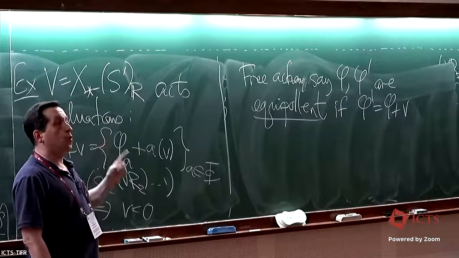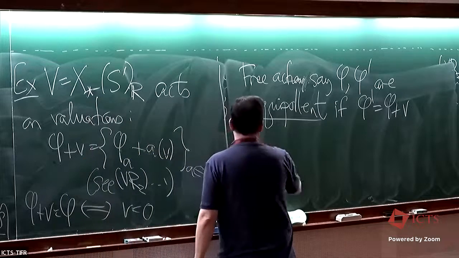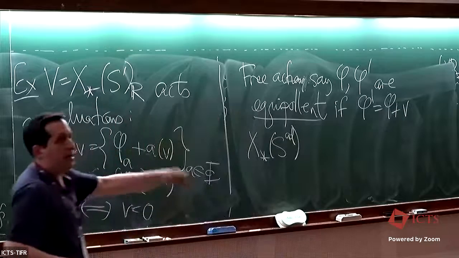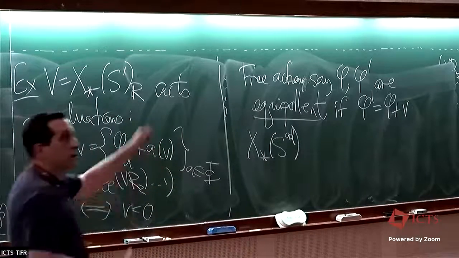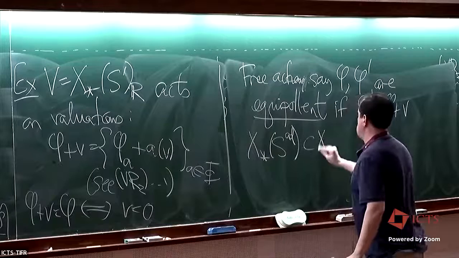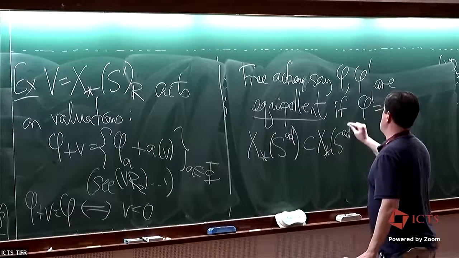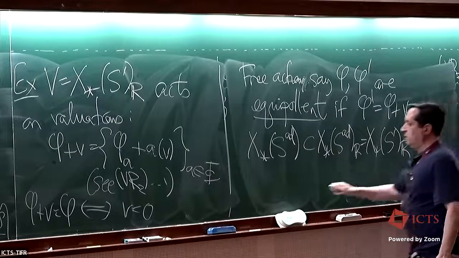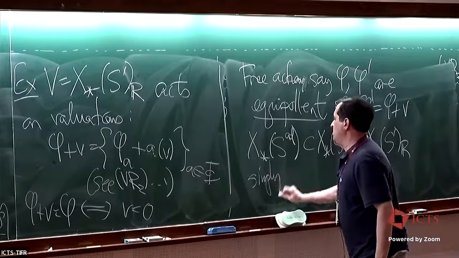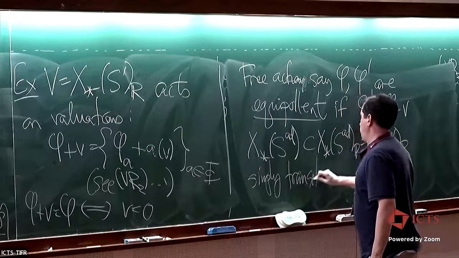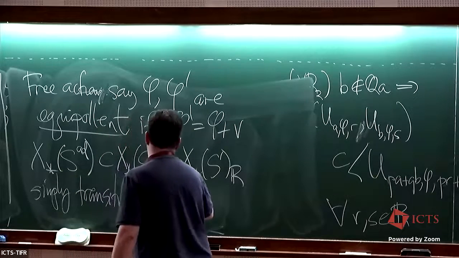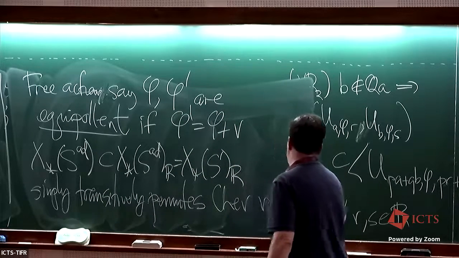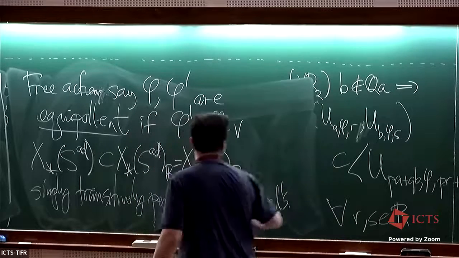And that happens to also work in the quasi-split case. So I'll just say that this lattice, by S ad, I mean the image of S in the adjoint quotient of G. So this lattice, which is isogenous to S prime, so they give you the same real vector space, this simply transitively permutes the Chevalley valuations, even in the quasi-split case, not just in the split case.